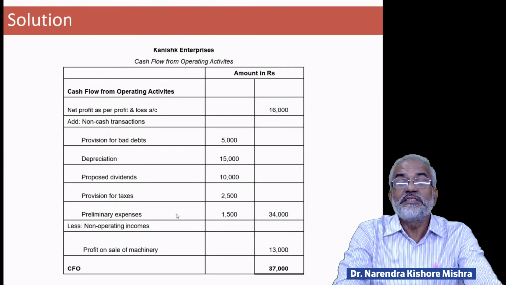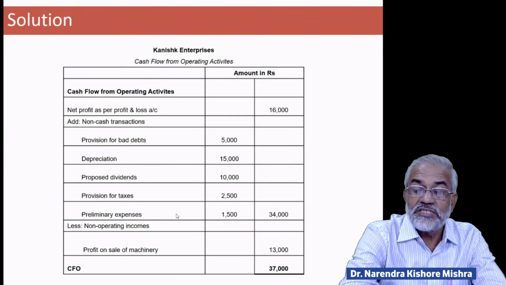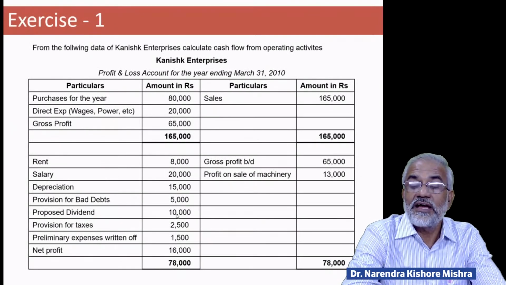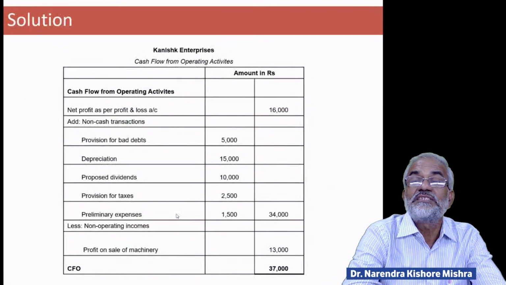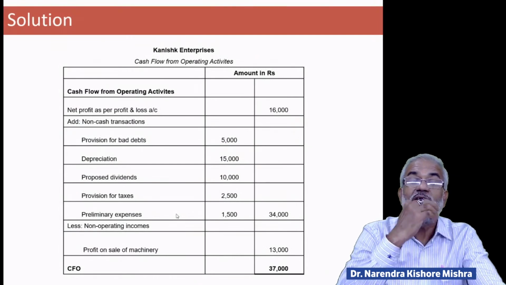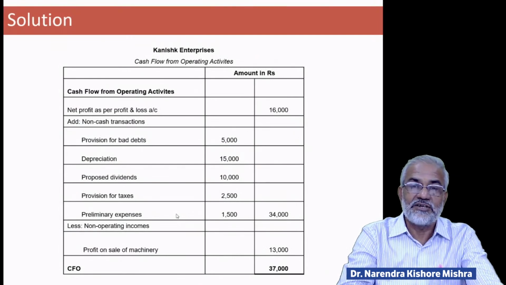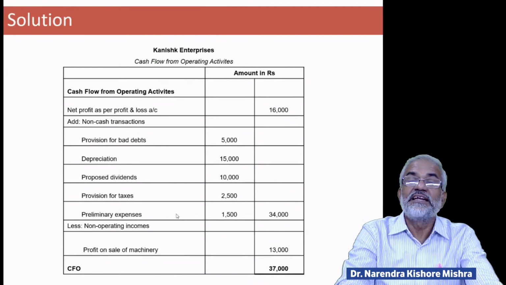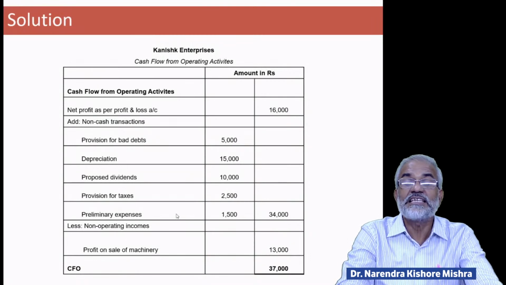There is another item in the credit side of the profit and loss account, that is the profit on account of sale of machinery, and the amount is 13,000. The profit on sale of machinery comes under investing activities, and it doesn't come under the operating activities. That's why it has to be excluded from the cash from operation.